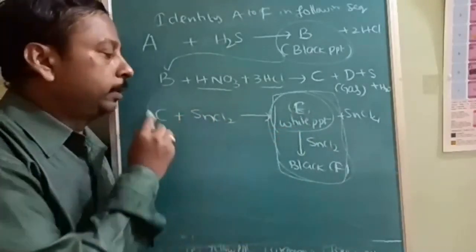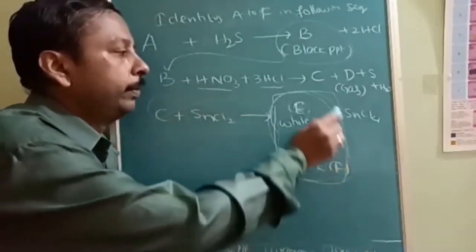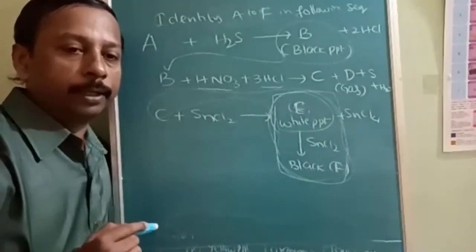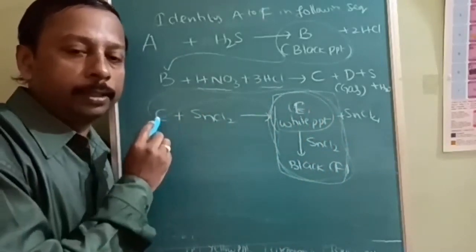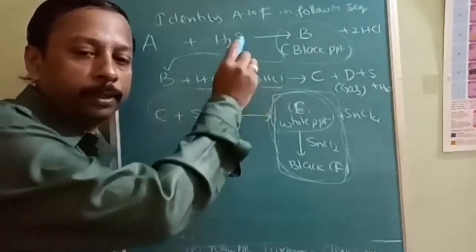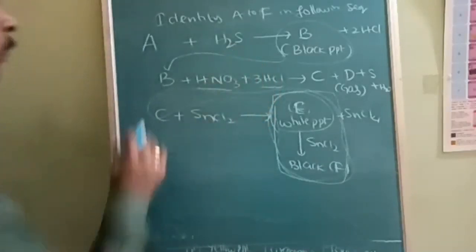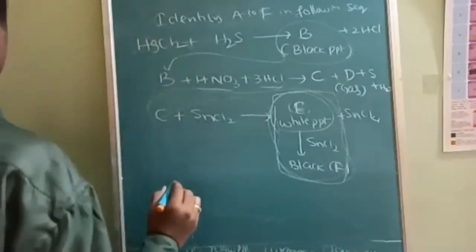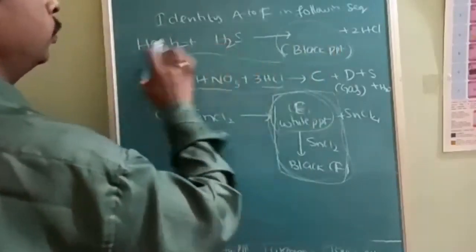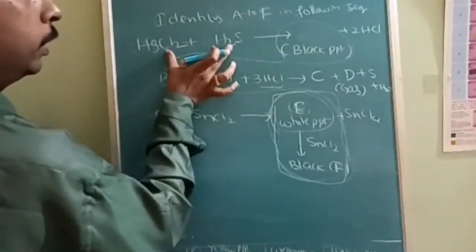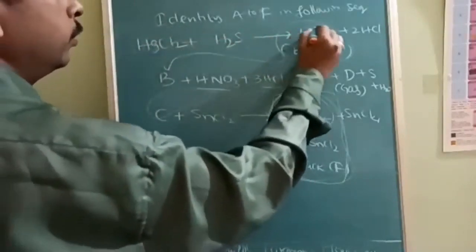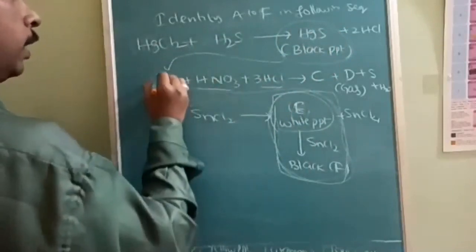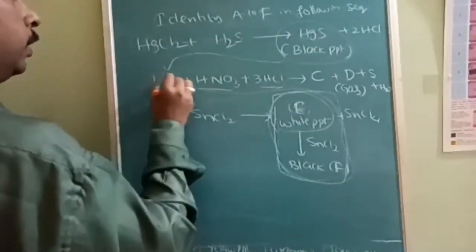This sequence is very important, and if you remember it, it will be easy to identify. Now at least after this hint you can proceed backwards. Very good. What is A here? It is HgCl2. Both chlorines are removed as HCl, so Hg and S, it is going to be HgS. Here B is already identified, that is HgS.